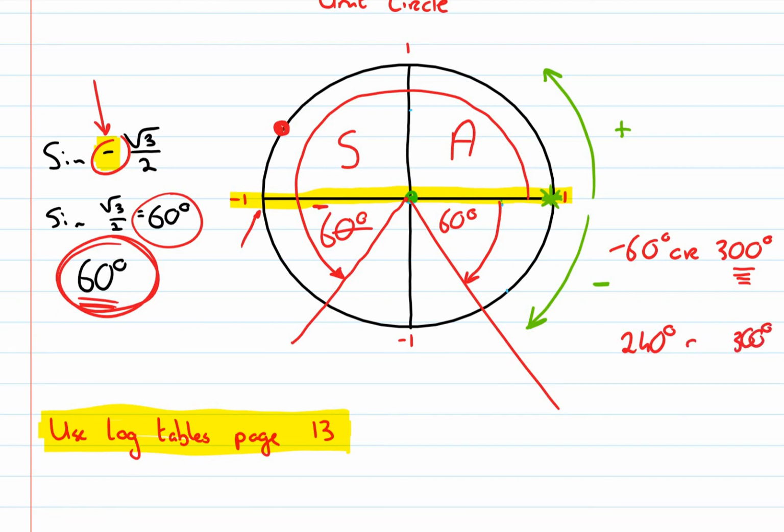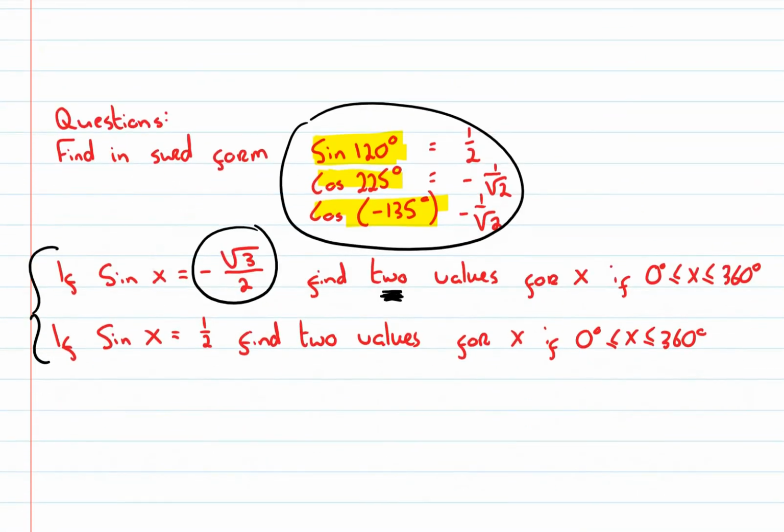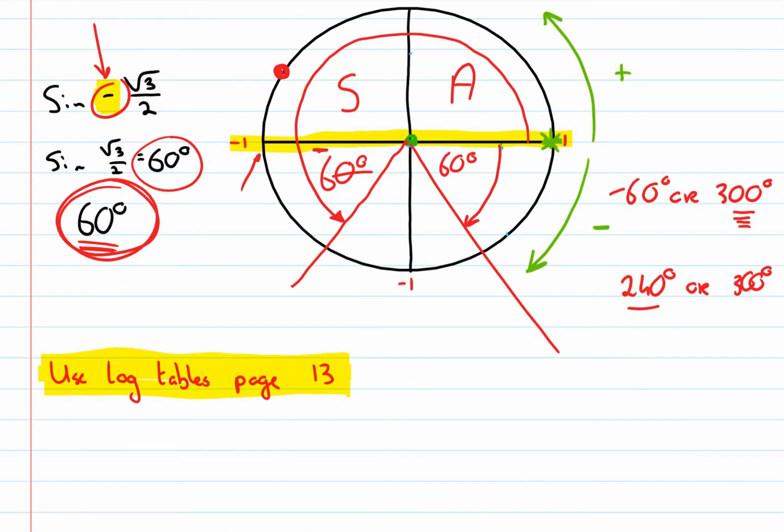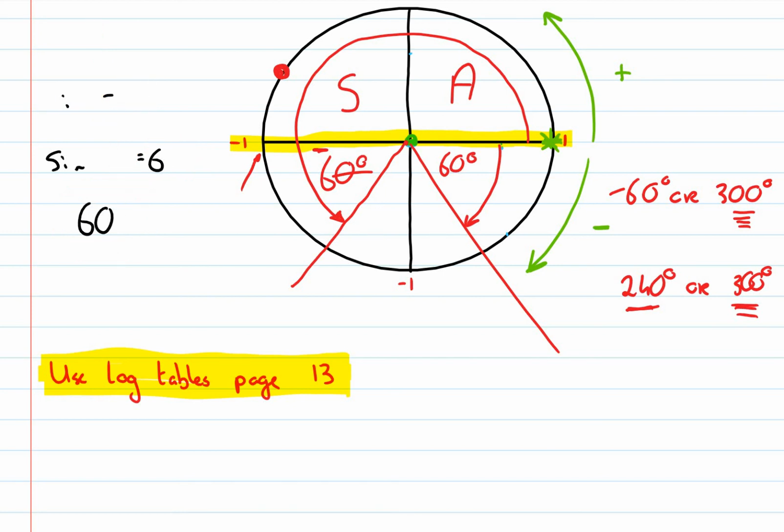So, if we look at what we're asked, if sine x equals minus root 3 over 2, find two values for x if x is between 0 and 360 degrees. Well, the two values are 240 degrees and 300 degrees. Okay. Right, last question. We'll just tidy up here and we'll go again.